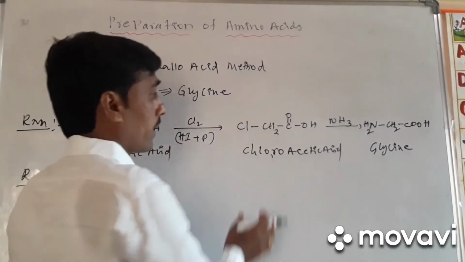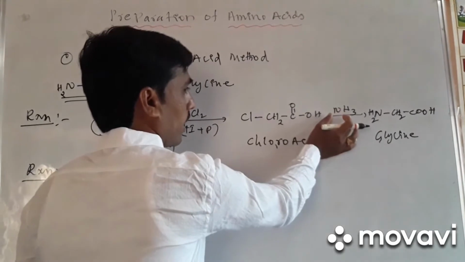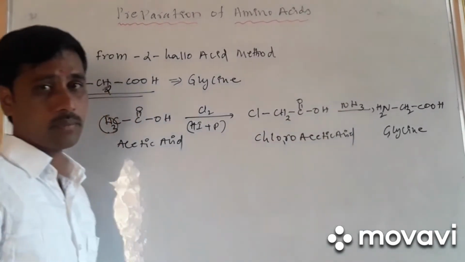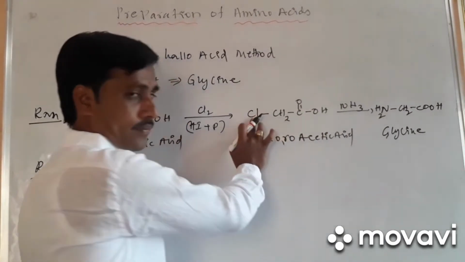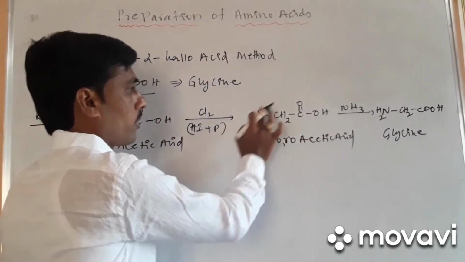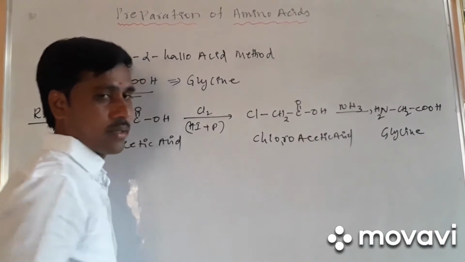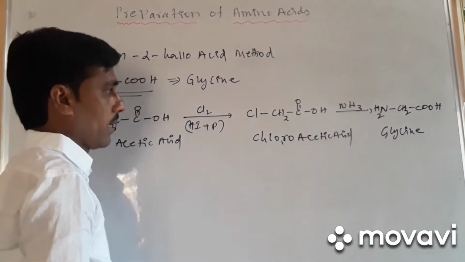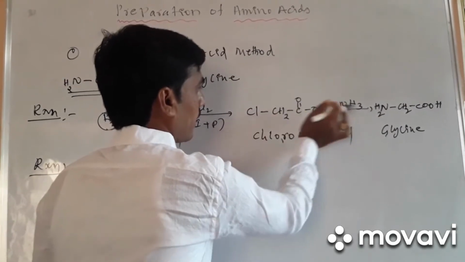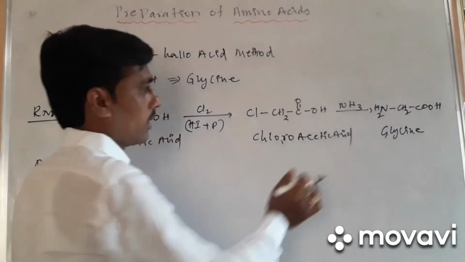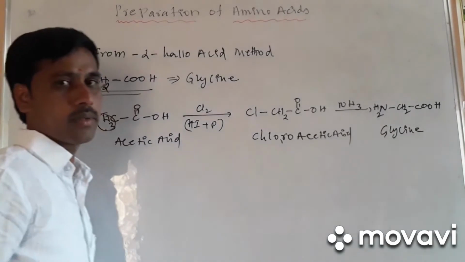This chloroacetic acid reacts with 1 mole of ammonia. One of the hydrogen atoms reacts with the chlorine atom to eliminate hydrogen chloride, leaving a carbanion. This carbanion reacts with the amine ion to produce glycine.